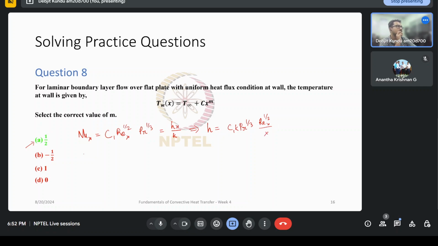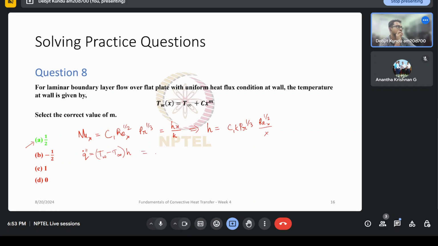So now I need to find, so then q is equal to T wall minus T infinity into h, right? This heat flux.